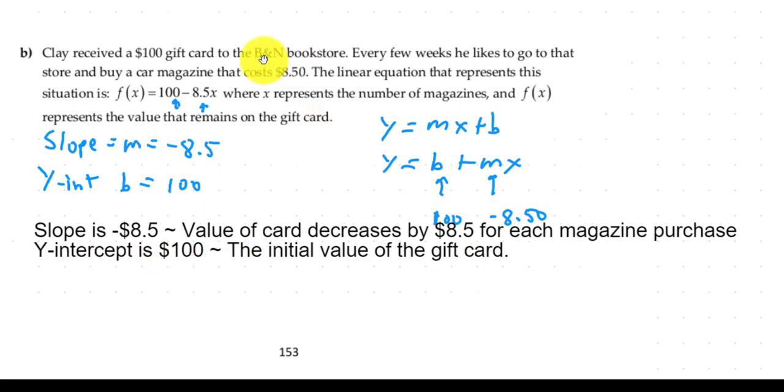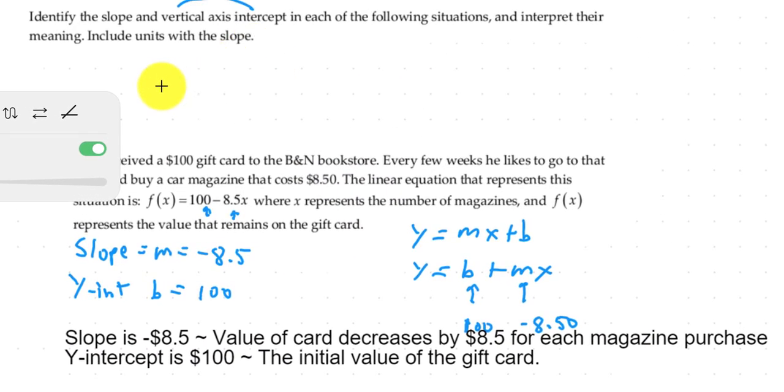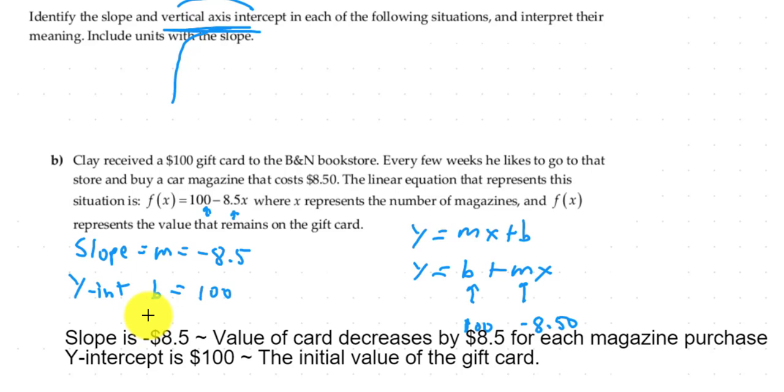And the y-intercept, which is the same thing as saying vertical axis intercept, that is $100, and that represents the initial value of the gift card. In fact, every time we talk about the y-intercept or the vertical intercept, usually it's the initial value, the starting value, and then whatever we're talking about in the context of the problem.